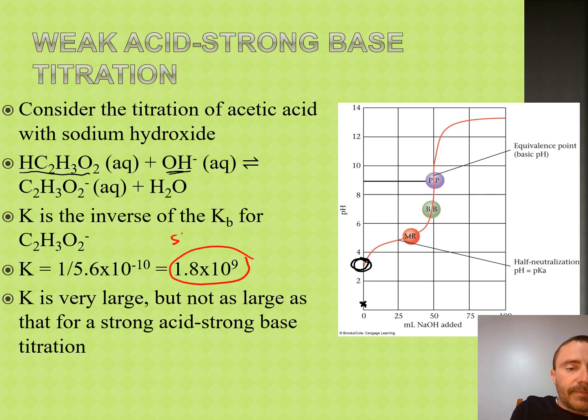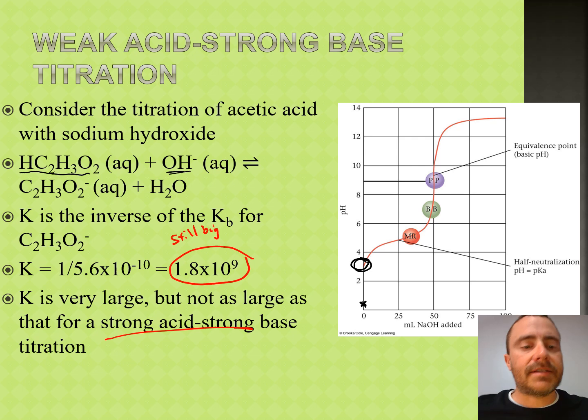Still big, right? It is not as big as it was for strong acid, strong base, but for the most part, this is a pretty gosh darn big K value, meaning that when I add these two things together, it is going to basically go to completion.